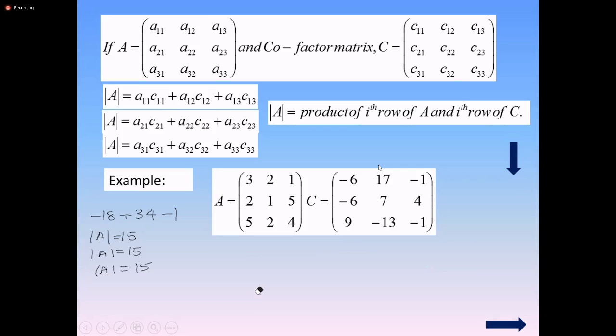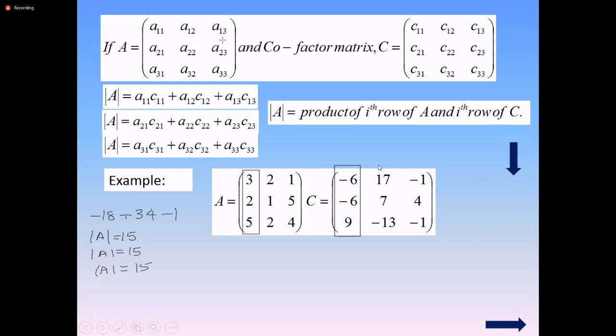If you select the columns like this, I will select the first column, and here the first column. Now how do we calculate the determinant value?